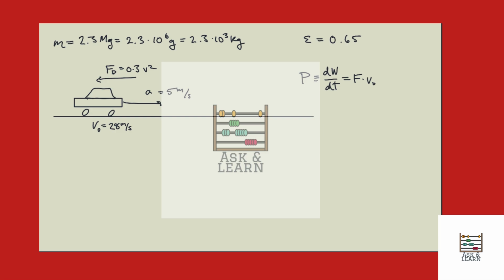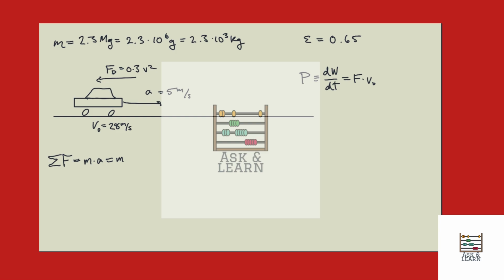Then we're going to be able to calculate a total net acceleration, which will give us a total net force by Newton's second law. So remember the net force, which we'll use in the power equation, is just the mass multiplied by the net acceleration. And here we're going to have the mass, 2.3 times 10 to the 3 kilograms.